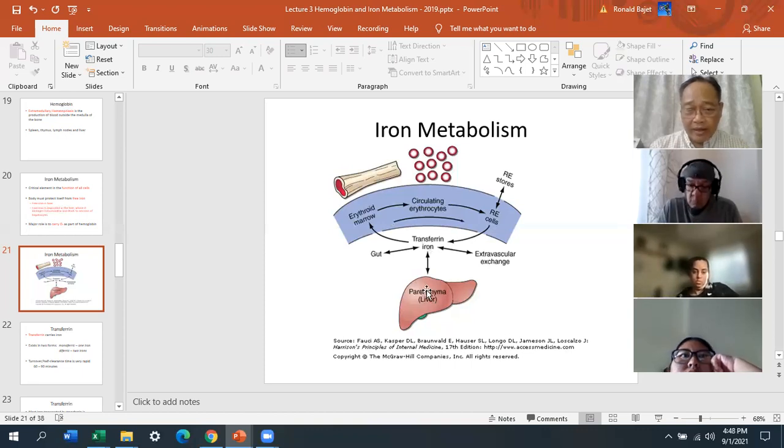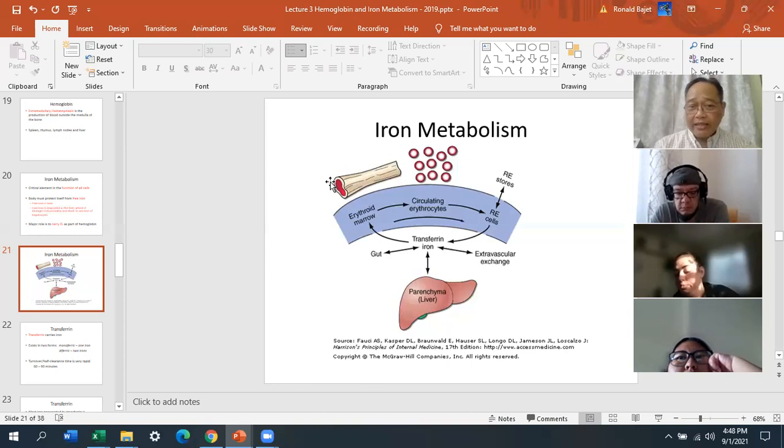Iron will be needed in the liver, in the gut, and also in extravascular exchange. But mainly, the majority of the iron is taken from the reticuloendothelial stores and sent to the erythroid marrow. It's that important. It's important because this is where you're going to produce your red blood cells.